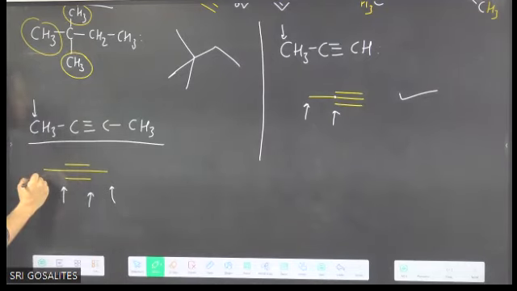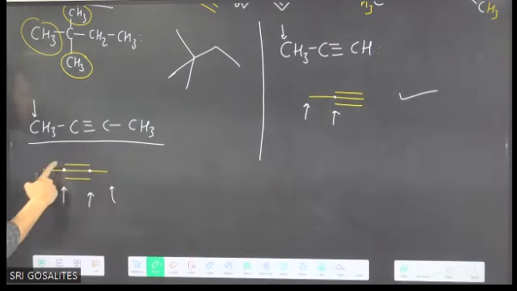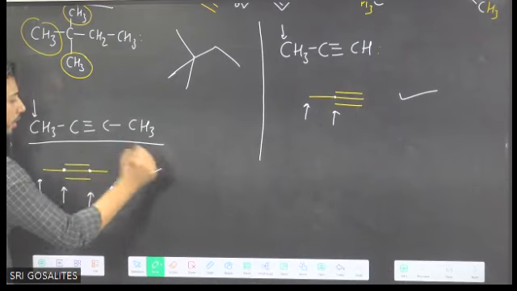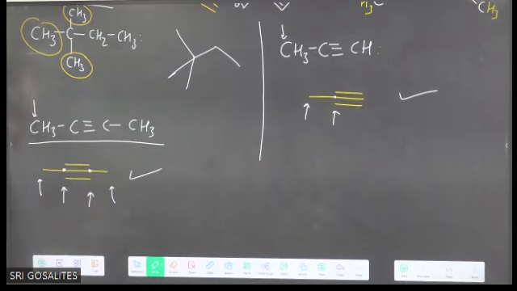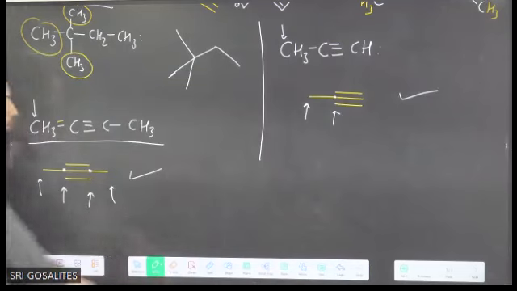First carbon CH3, then carbon triple bonded, 1, 2, 3, and terminal again CH3, carbon 4. That is the correct representation for the above structure. IUPAC nomenclature we will do later.